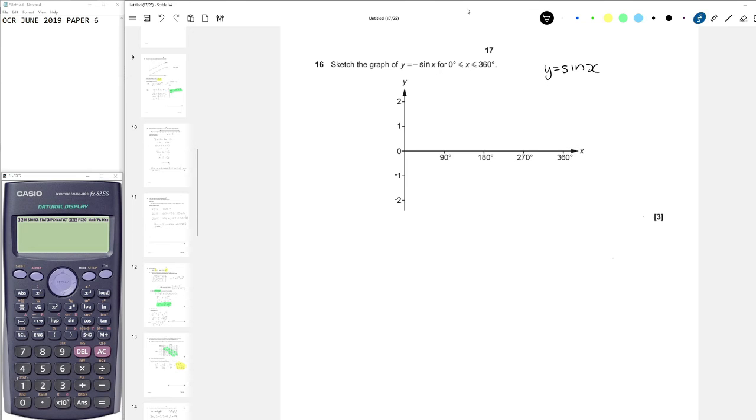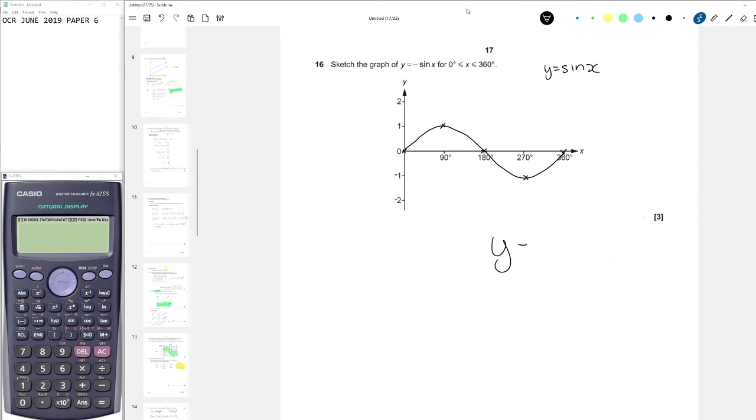So you should know that the key points would be 0, 0, 90 and 1, 180 and 0, 270 and minus 1, and 360. So remember, when I'm joining the sine graphs together, it's a curve like this, not a straight line. So that is the graph of y equals sine x.